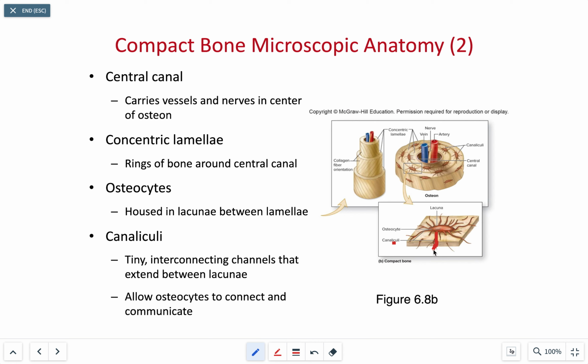Each one of these canaliculi attaches to another osteocyte in a ring, and then we'll see it going around, attached to another osteocyte. So we can see that pattern occurring in this lamellae or concentric ring. Again, to stress it, the osteocytes receive all their nutrients through either the central canal or the perpendicular canal.